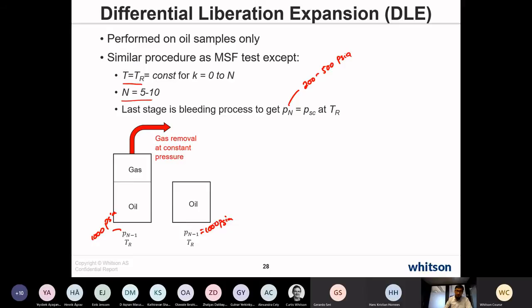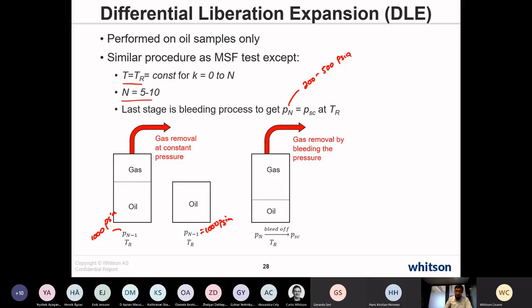That's the Pn-1 pressure stage. Then we will just deplete this oil. So now this is our PN, that is our 200 to 500 psi pressure.